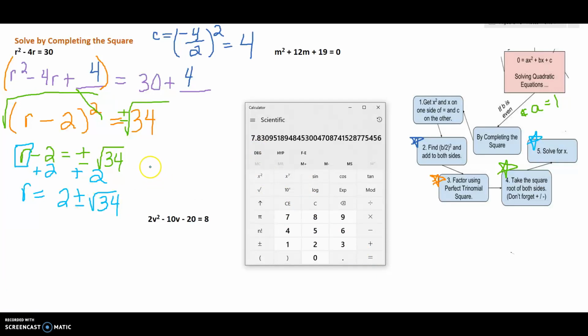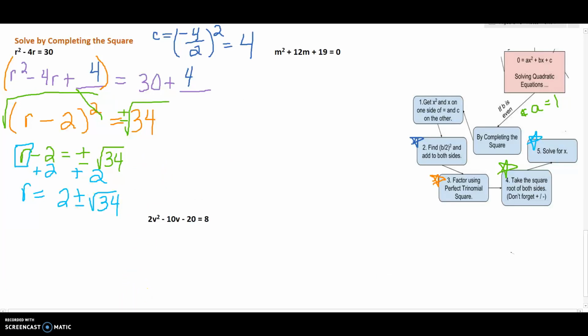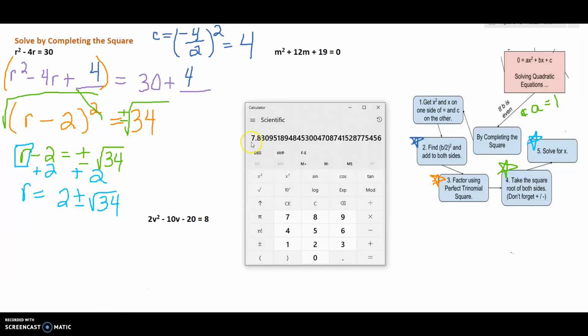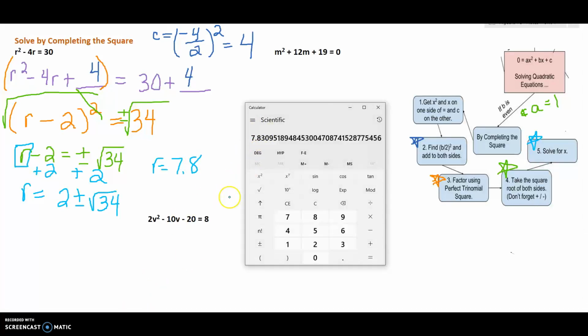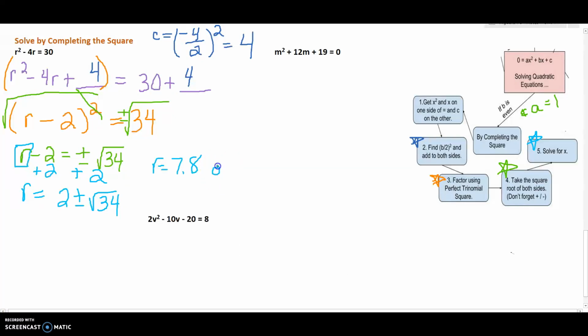So our answer is r equals 7.8. And then we're going to take that back and we're going to do 2 minus the square root of 34 equals, and that's our second answer, or negative 3.8.